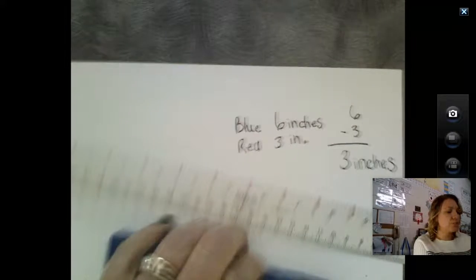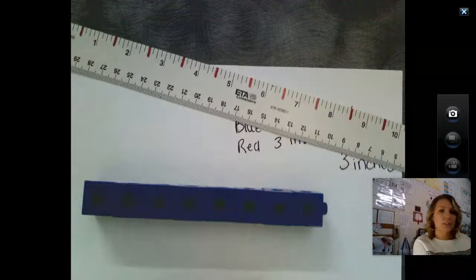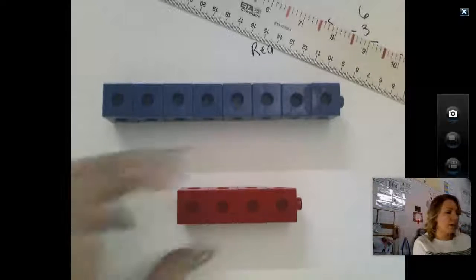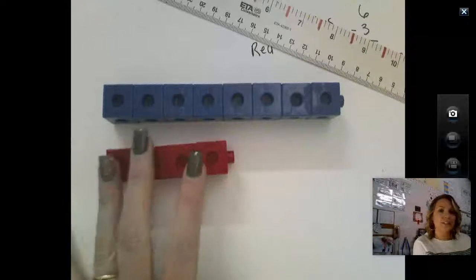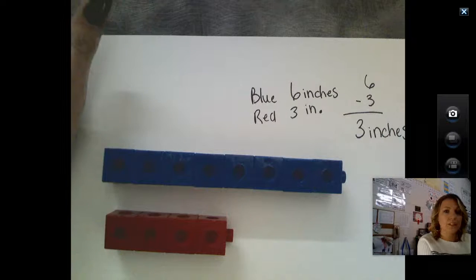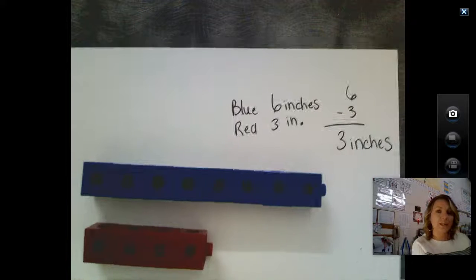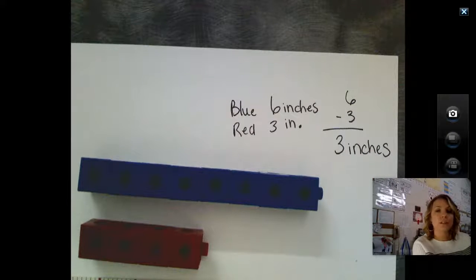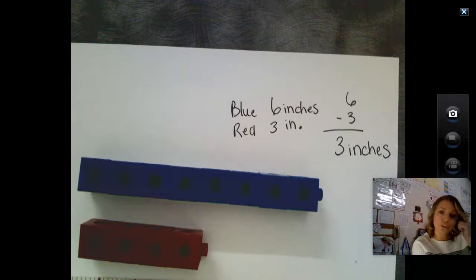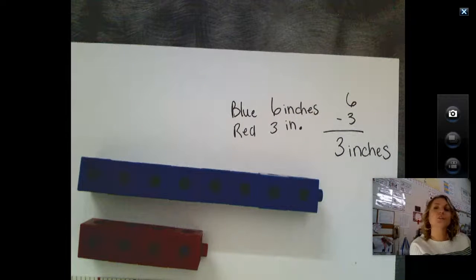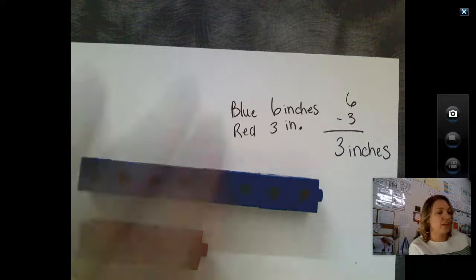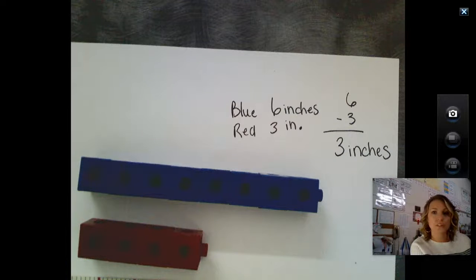It's just like if you looked at these, you automatically know that the red one is shorter than the blue one. But if we want to be precise with our measurements, we're going to measure with a ruler, and then subtract the smaller number from the larger measurement that we got. So 6 minus 3, and then we had 3 inches. Okay, boys and girls?